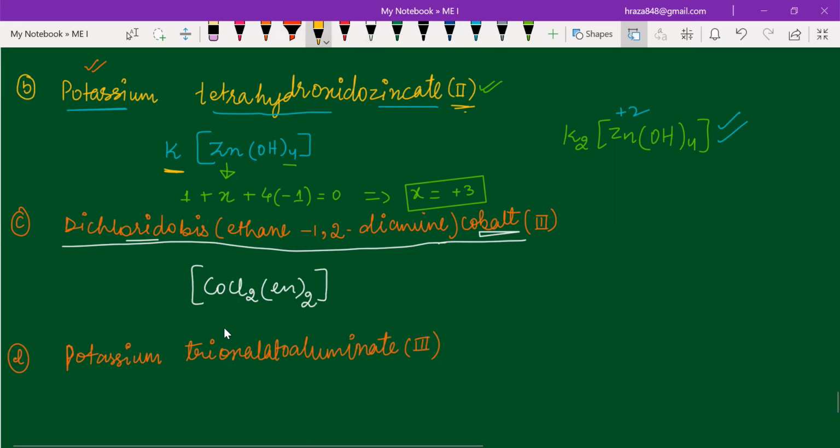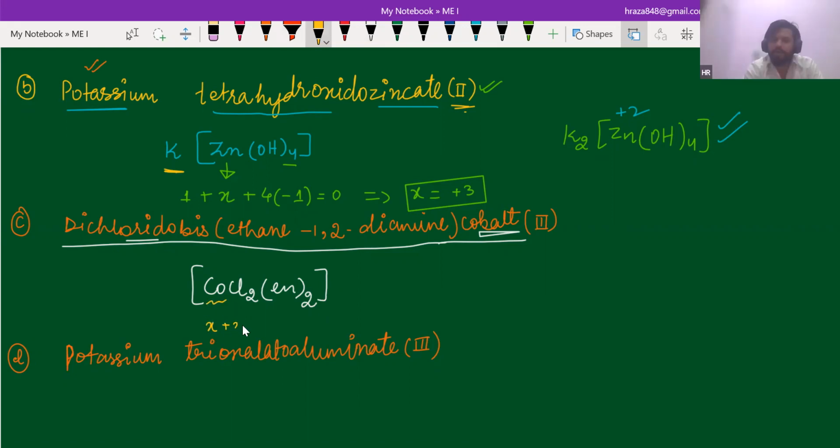Yes, sir. Now, if you calculate the oxidation state, X + 2 into -1, and this will be 0 because it's a neutral ligand. According to this formula, you will get +2 oxidation state of cobalt, which is wrong because in the formula it is given as +3. If there is no counter ion, you need to play with the square bracket.